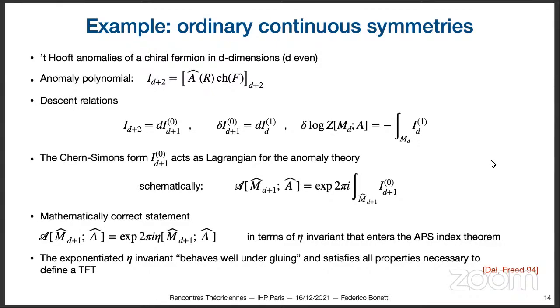I believe that in that situation this formalism can be used to capture the SU(2) Witten anomaly, for example, if I'm not mistaken. Clearly the interpretation would be slightly different, but definitely the formalism applies.